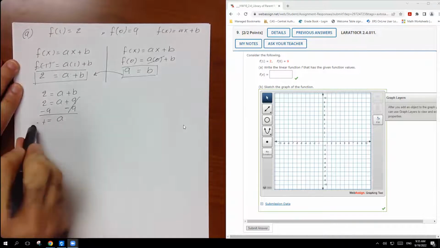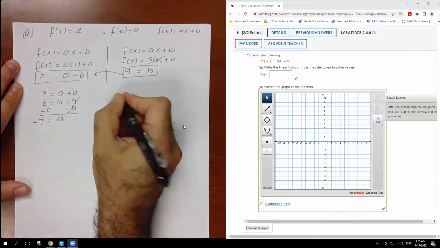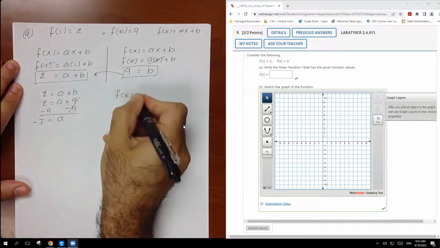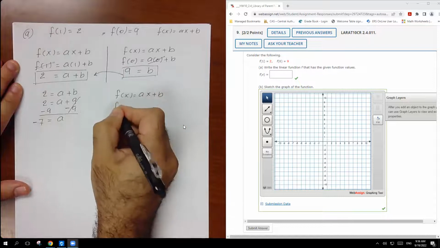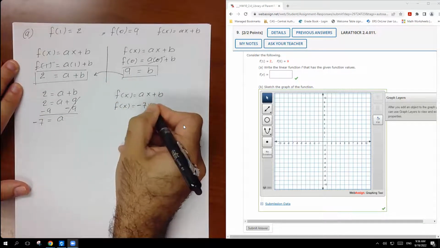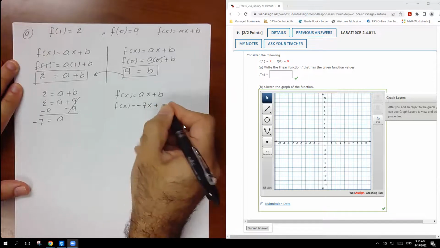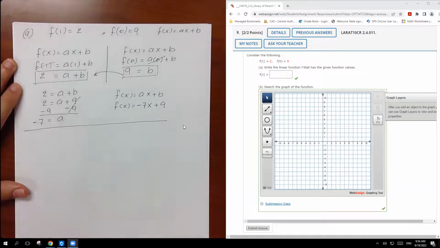So what I'm going to do, I'm going to go back and say f of x equal ax plus b. So the linear function is going to be a equal -7, x plus b is 9. So that's it for this example.